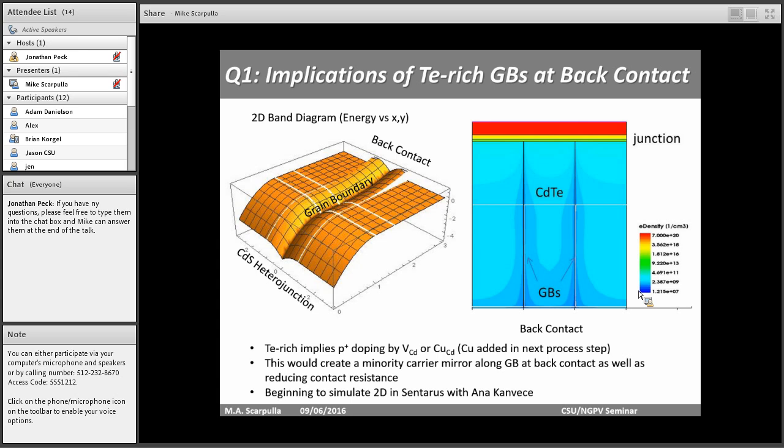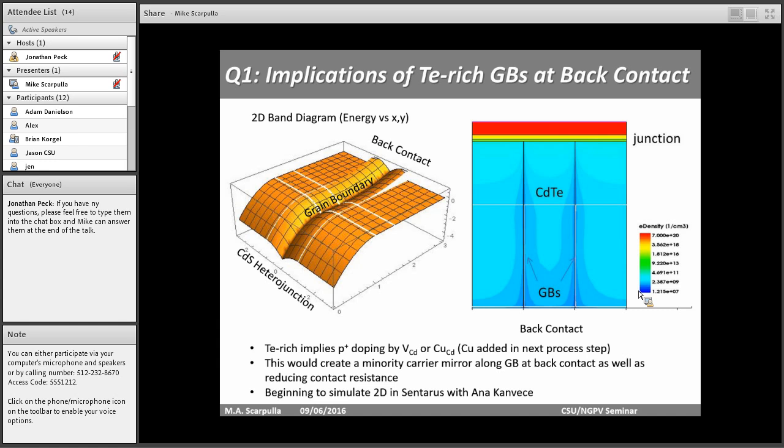The right-hand side is a conceptual drawing that I made of what the band diagram might look like. So you see the main junction, the CdS heterojunction, has the main band bending in it there. The grain boundary runs sort of from lower left to upper right, and it presents a potential that's attractive for electrons.